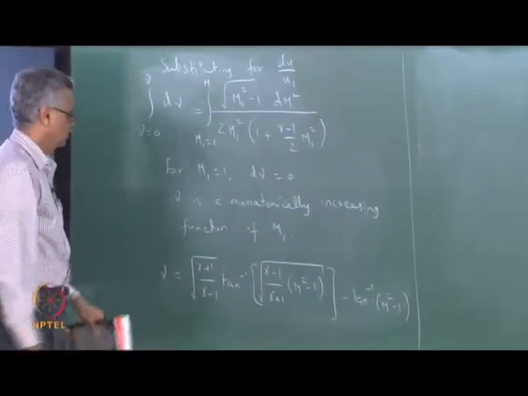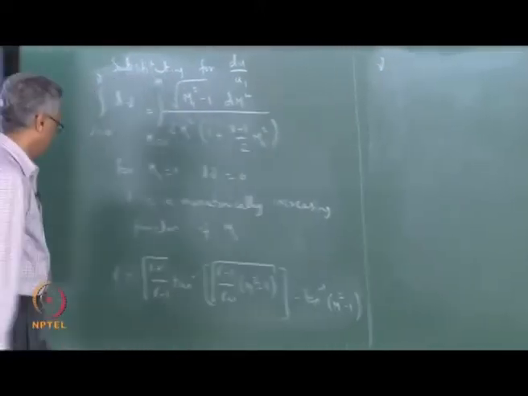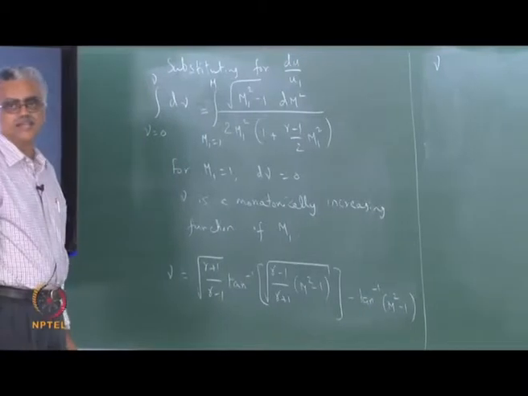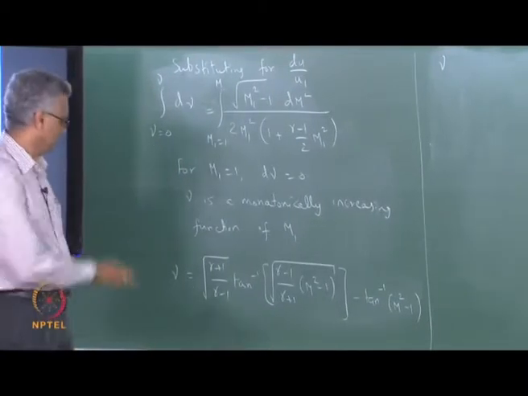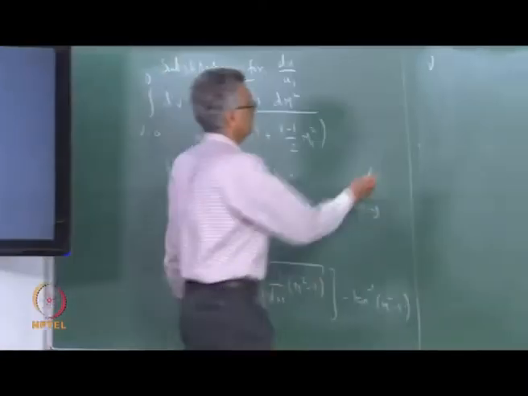M square minus 1. So the angle nu is called the Prandtl Meyer angle. Surprisingly, we can actually solve this in closed form and we get this expression. The angle nu is called the Prandtl Meyer angle.